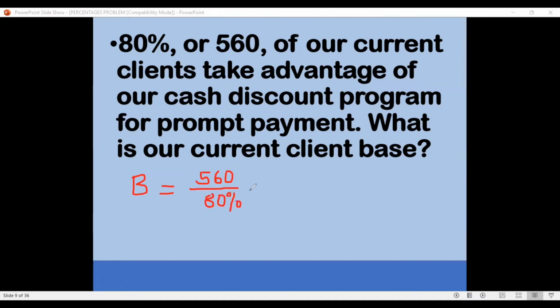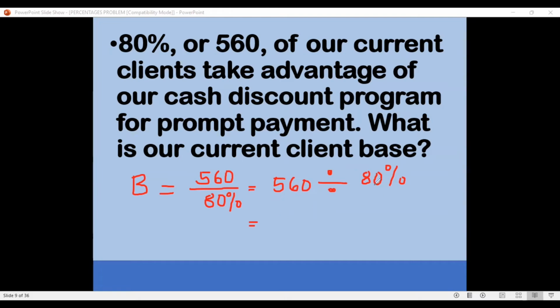Okay, so how are we going to do it? Again, we can change that to 560, and we change the fraction bar into a division sign, and then we will now have the 80%, and the 80% could be changed to either a decimal or a fraction.